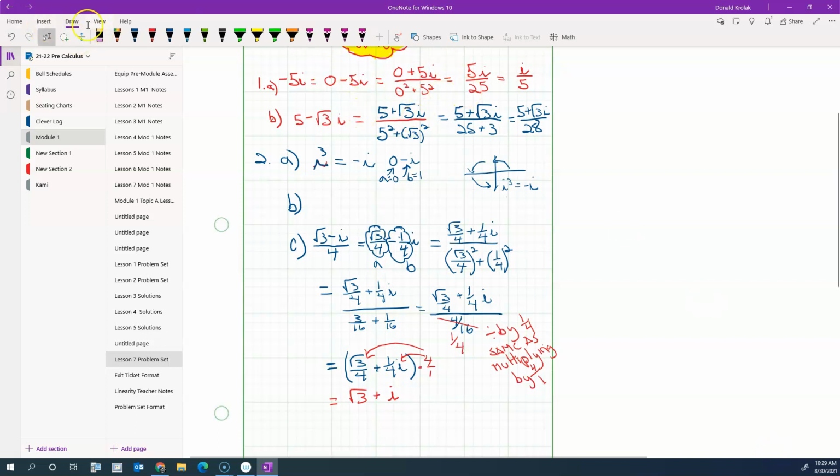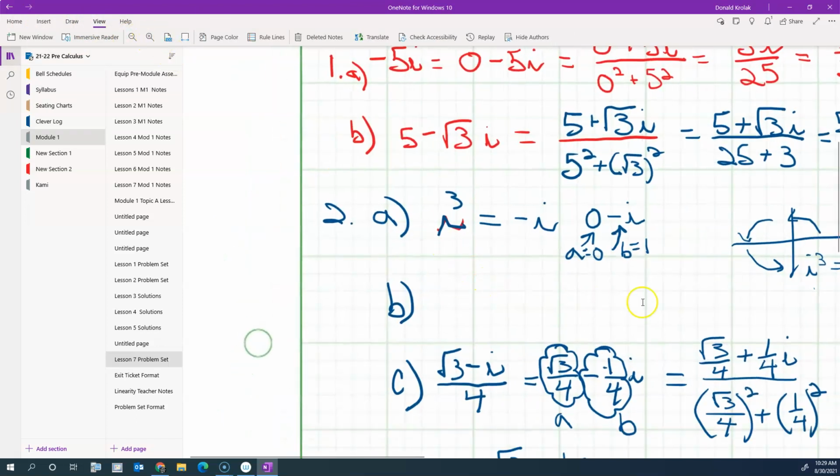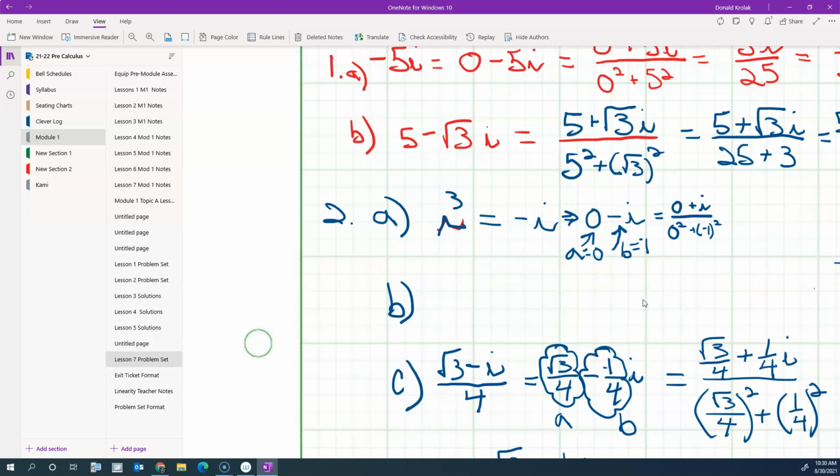And now you can write out your conjugate, your multiplicative inverse, I mean. So this would be 0 plus i, or just plain old i, and here I'd have 0 squared plus negative 1 squared, which would be i over 1, which is just i.